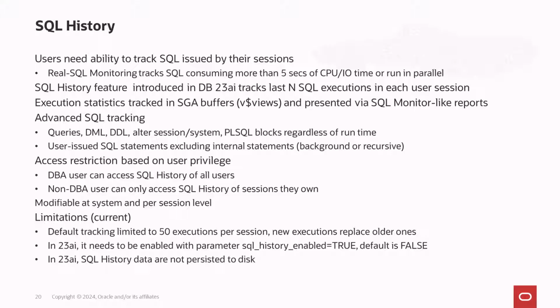SQL History key features include it tracks DDL, DML, and query statements along with any resulting error messages, offering advanced SQL tracking based on session memory capacity. Access is privilege based. DBAs can view all queries, while non-DBA users can see SQL History for sessions they own.